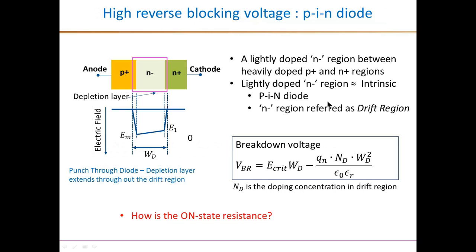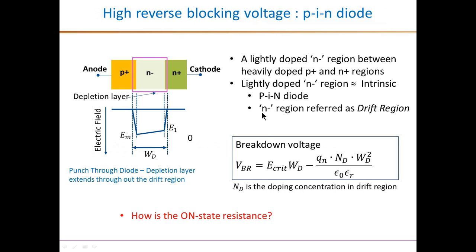The entire drift region is this N minus region, and this figure corresponds to the punch through diode type, where the depletion layer extends throughout the entire drift region. We can go through a similar analysis as in the previous slides and show that the breakdown voltage is given by this expression for the PIN diode structure.